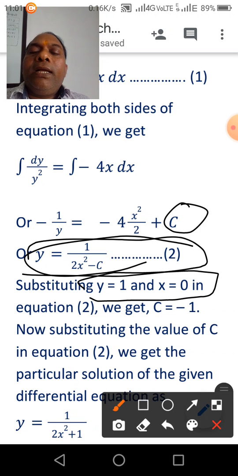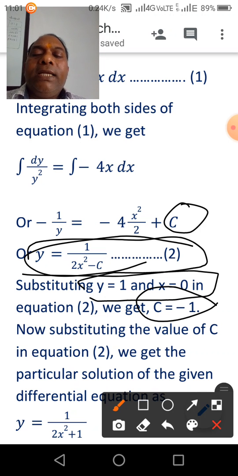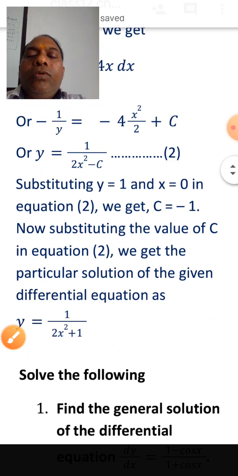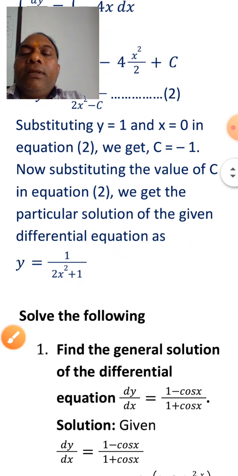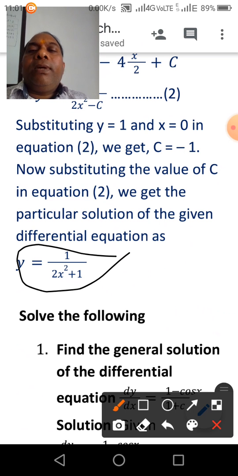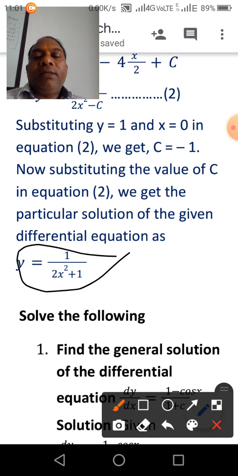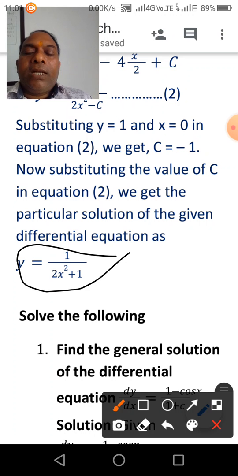So putting x is equal to 0 and y is equal to 1 in the solution, you can find the value of c equal to minus 1, and put the value of c in equation 2, then you have the solution of the given differential equation. Clear?